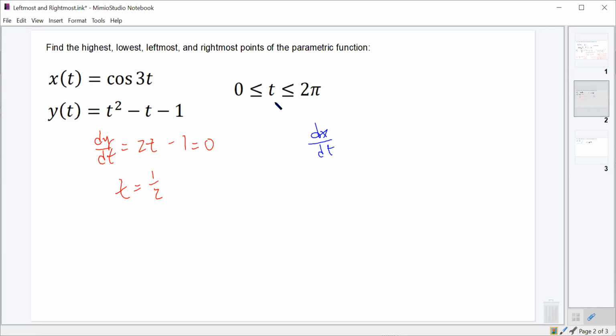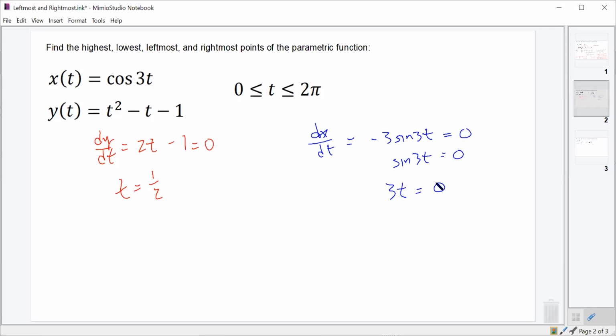All right. And then let's find dx dt. dx dt is the derivative of cosine 3t. So that ought to be what? Negative 3 sine 3t. We want to know when does that equal 0? Well, that equals 0 whenever the sine of 3t equals 0. And that'll happen whenever that angle, when does sine equal 0?